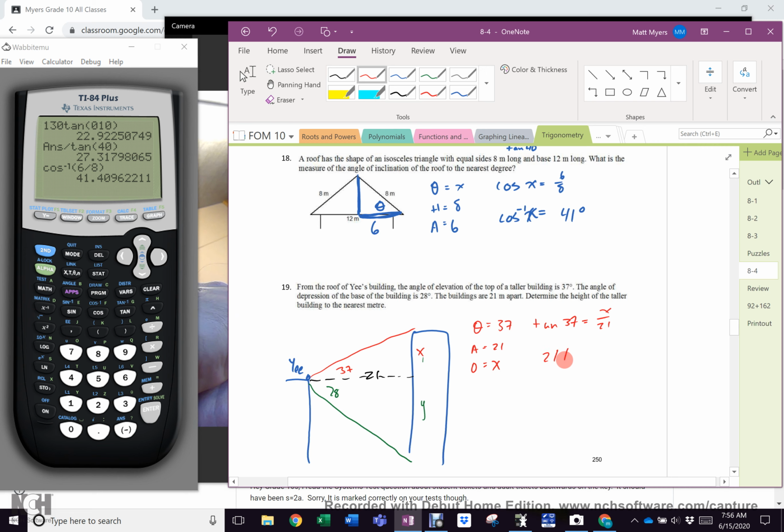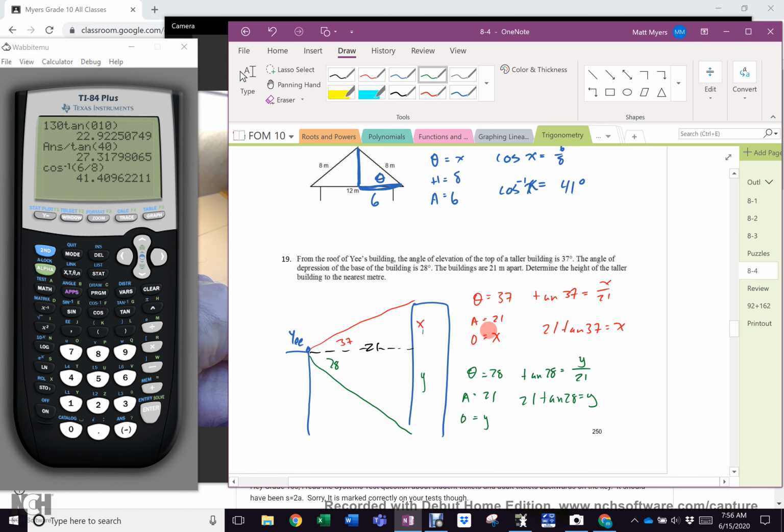So 21 tan 37 equals x. Then in green, theta equals 28. Adjacent equals 21. Opposite equals y. So tan 28 equals y over 21. So 21 tan 28 equals y.